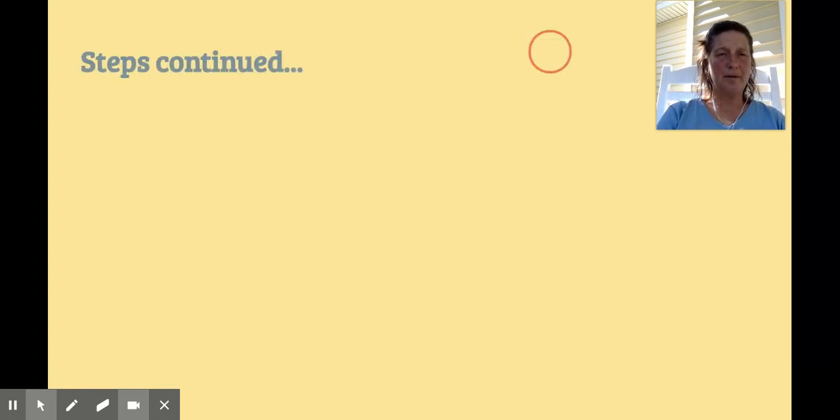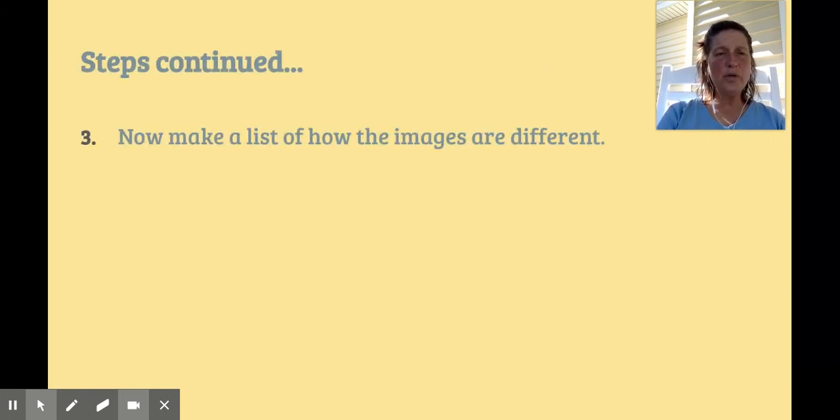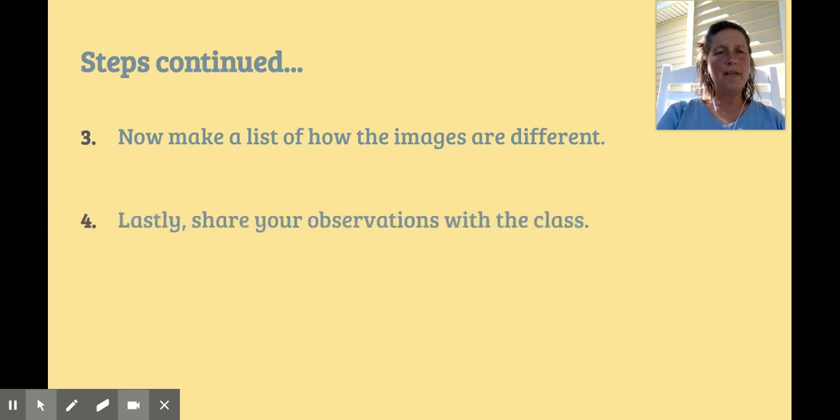The third step is noting how the images are different. So making a list again of how they are different. Then we are going to share our observations with the class. Again, this is a really safe environment that I would like our class to have.